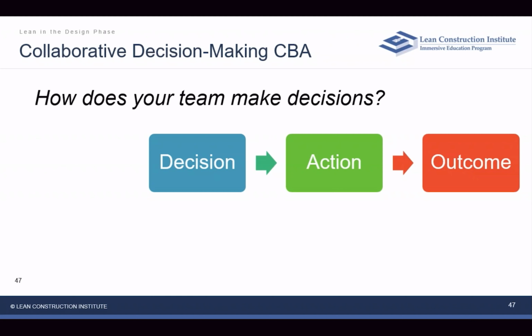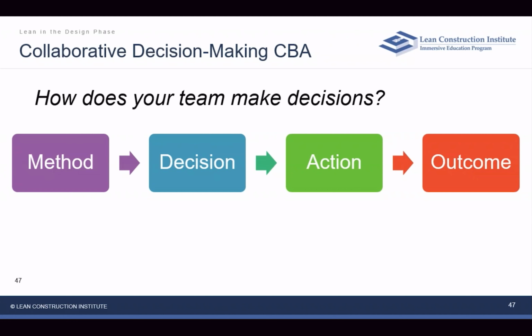Well, there are ways that we can increase our decision quality if we follow a more sound and more methodical decision-making process. The answer really starts with what method we're using to make those decisions.